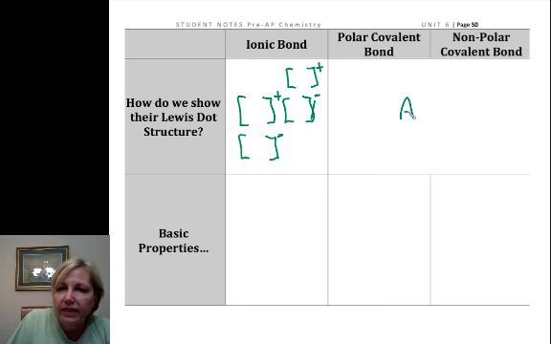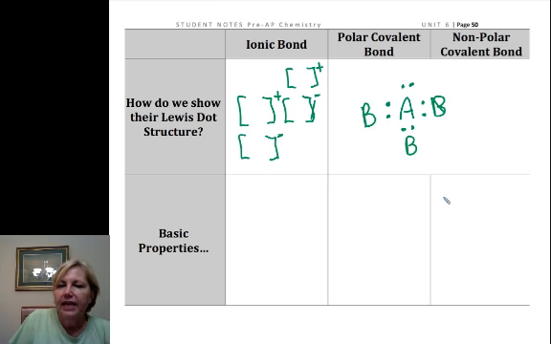For polar covalent and nonpolar, you'll have central atoms with either atoms or non-bonded pairs. So I'll just put another C there. So this would be for molecules now.